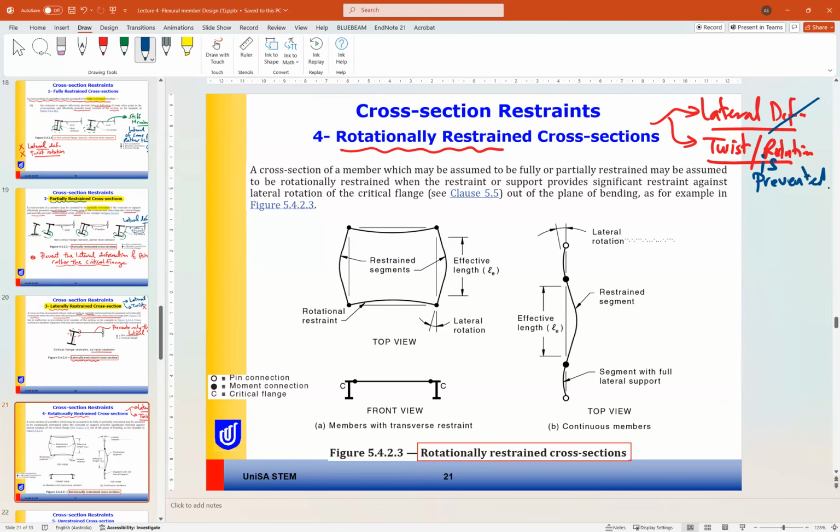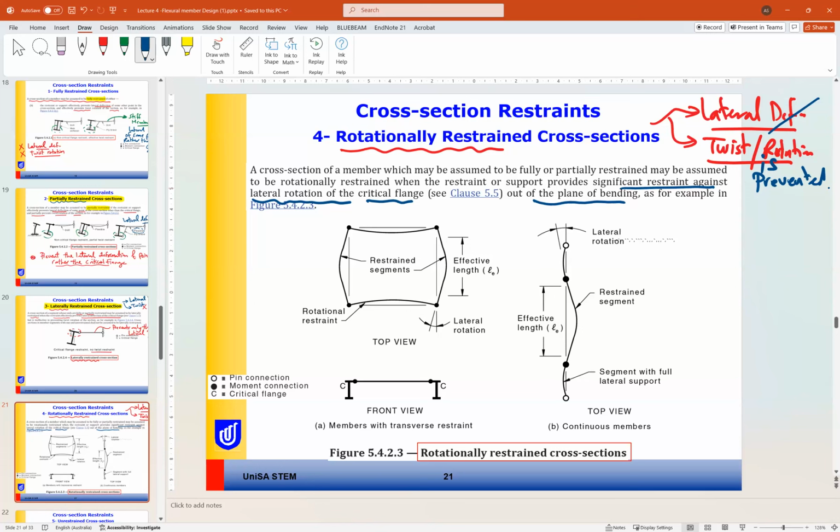A cross section of a member which may be assumed fully or partially restrained may be assumed to be rotationally restrained when the restraint or the support provides significant restraint against lateral rotation of the critical flange. So if we prevent the lateral rotation of the critical flange out of plane, this is considered a rotationally restrained cross section.